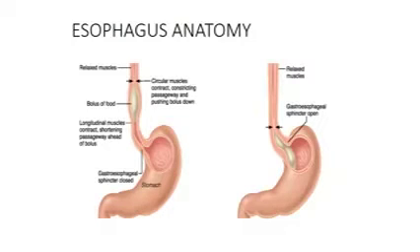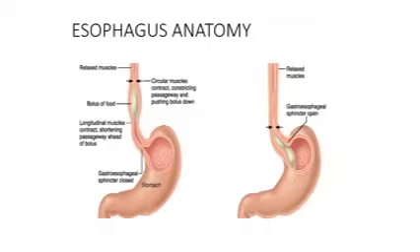One of them is the circular layer, and the circular muscles, when they contract, constrict the esophageal cavity and push the bolus downwards towards the stomach. While the longitudinal muscle layer, when it contracts, leads to shortening of the esophagus in front of the bolus, so that again it enhances the propulsion downward towards the stomach.